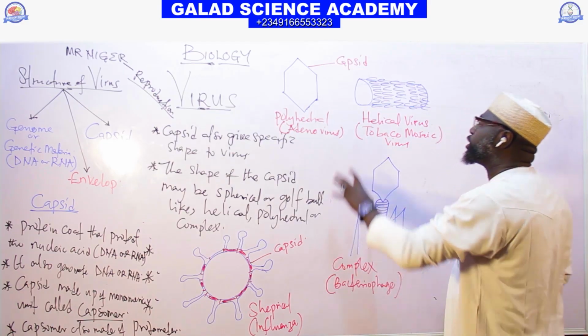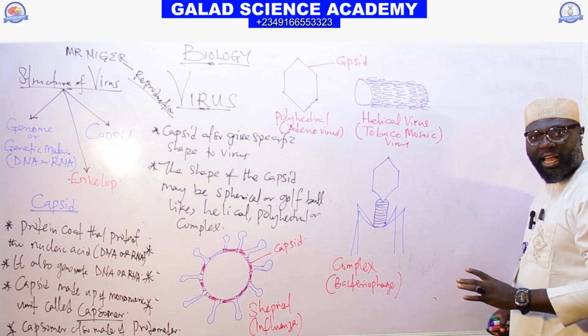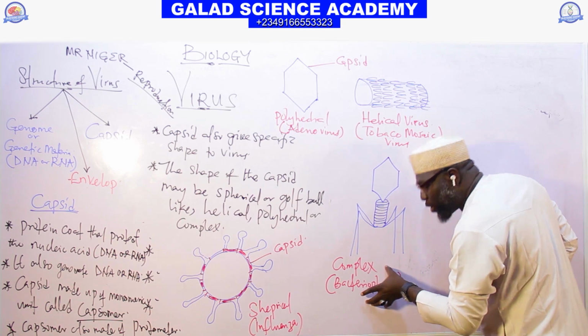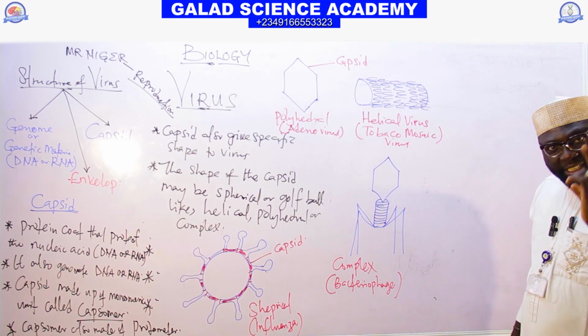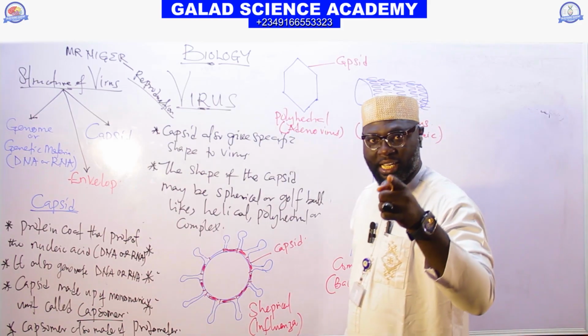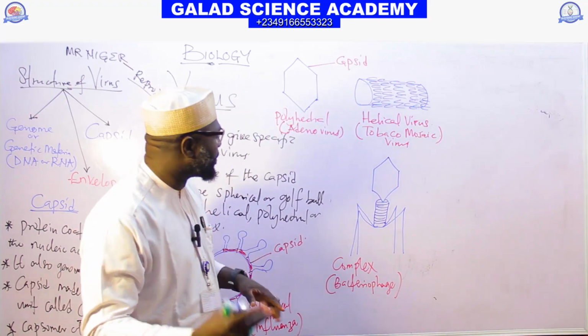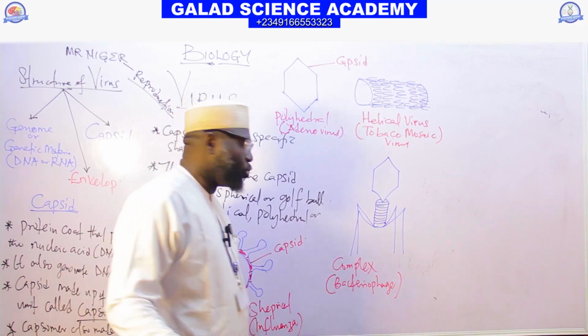The capsid of the tobacco mosaic virus is helical. The capsid of the bacteriophage is complex. In terms of the capsid that gives shape to the virus, the shape of viruses can be grouped into these.